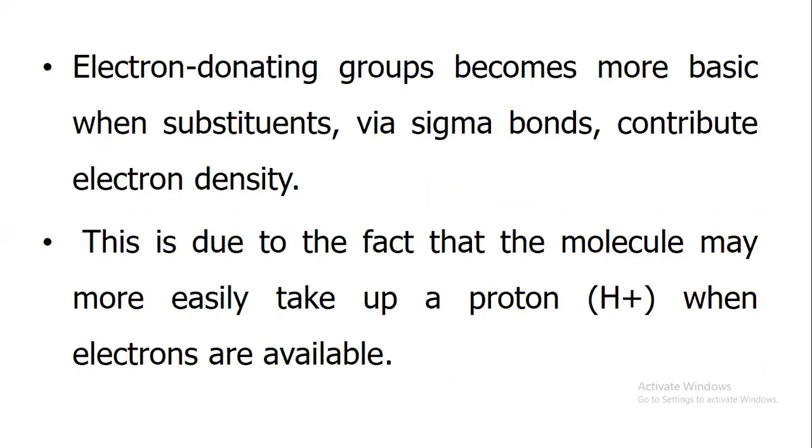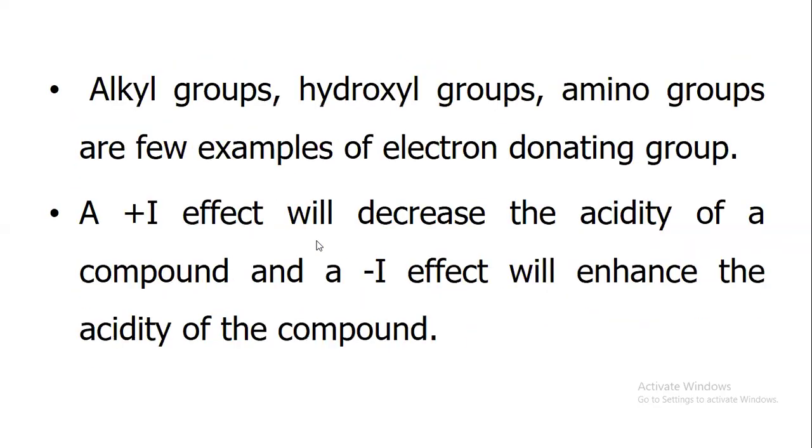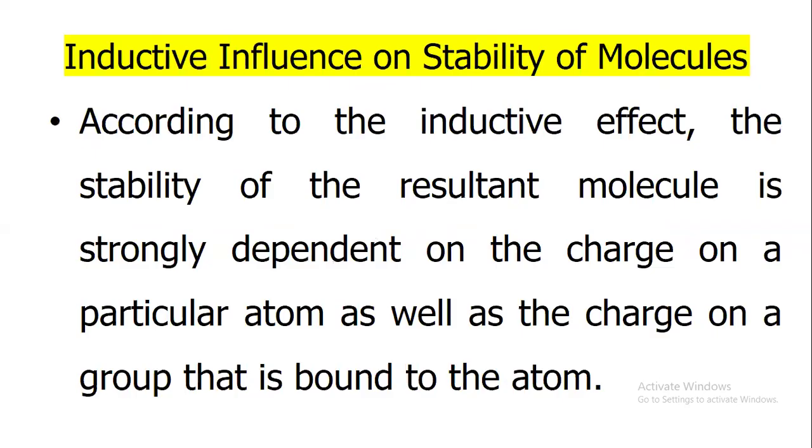Electron donating groups make compounds more basic when substituted by sigma bonds containing electron density. This is due to the fact that the molecule may more easily take up a proton when electrons are available. Alkyl groups, hydroxyl groups, and amino groups are a few examples of electron donating groups. The positive inductive effect will decrease the acidity of compounds and enhance the basicity of compounds.